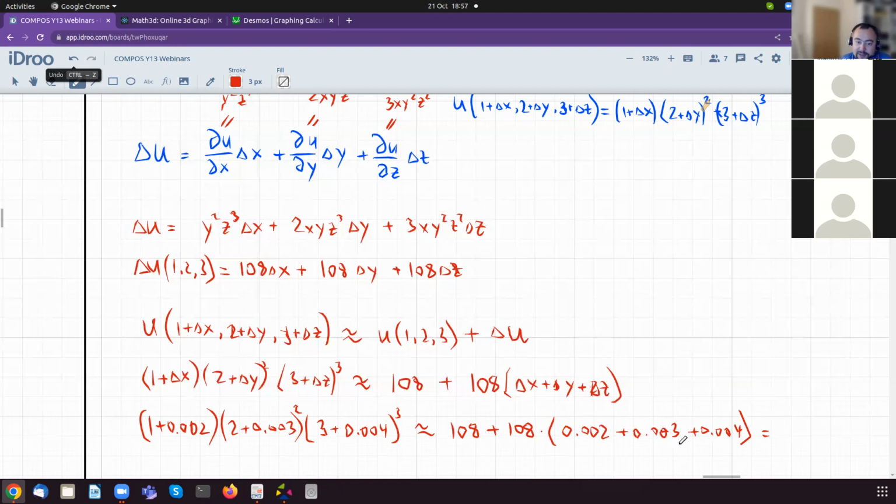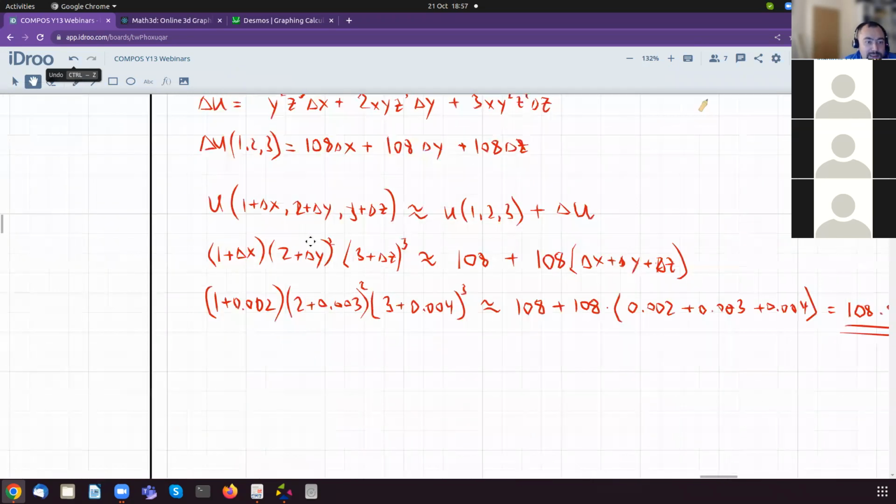That's 0.009. 108 times 0.009 is 0.972. So it's 108.972. So that's the approximate value.